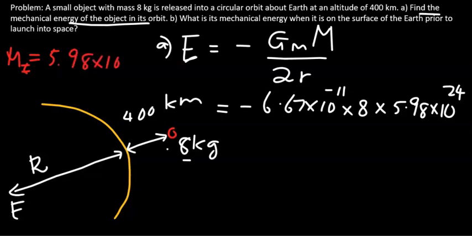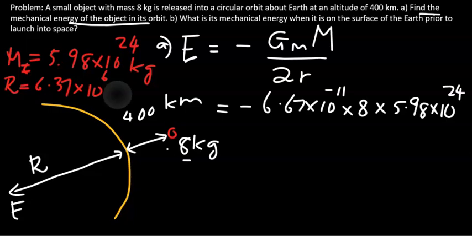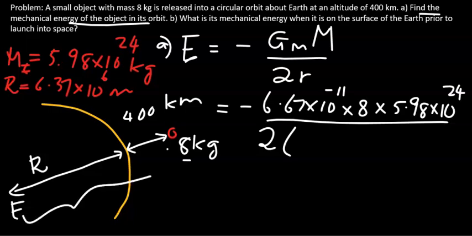In addition to that, the radius of the Earth is also given as 6.37 times 10 to the power 6 meters. So we take that result, and we divide that by 2 times the entire distance. The entire distance is the radius of the Earth plus that 400 kilometers.